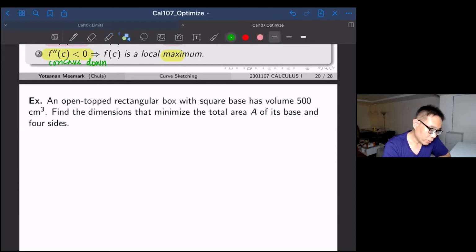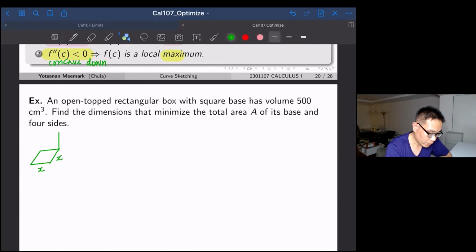So the question gives you a rectangular box where the base is a square, so it's going to look like this, with sides x, x, x, and x. It's going to be a square, and you will have the height for this one.